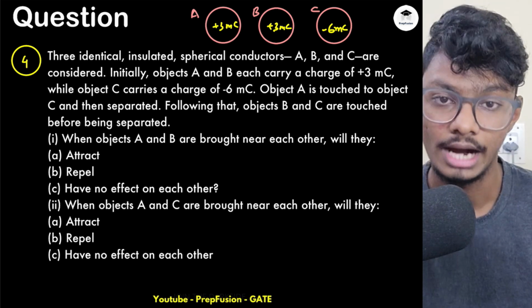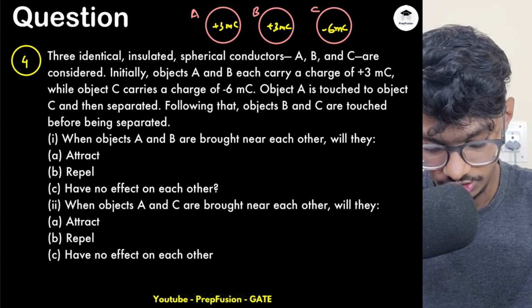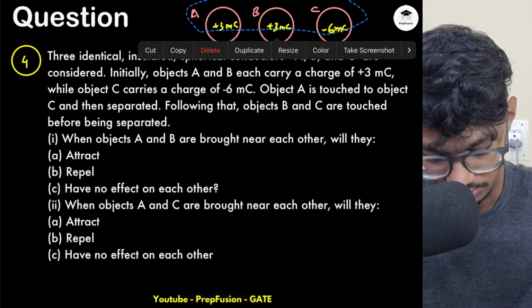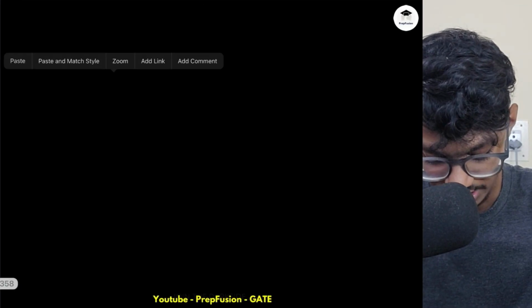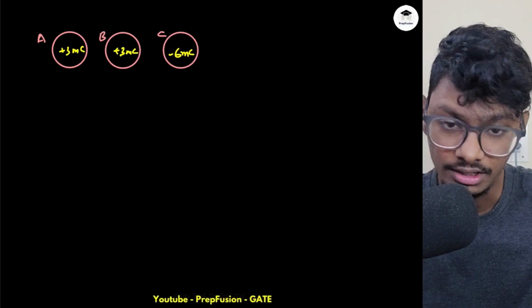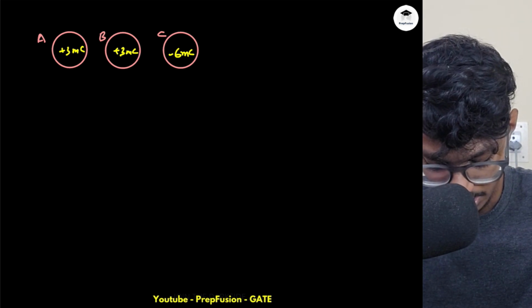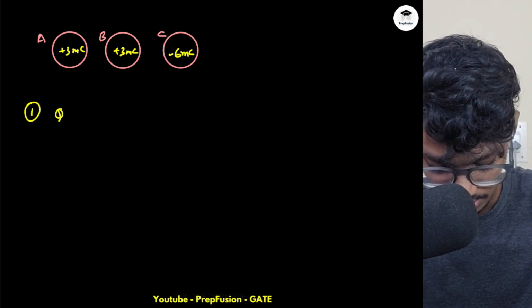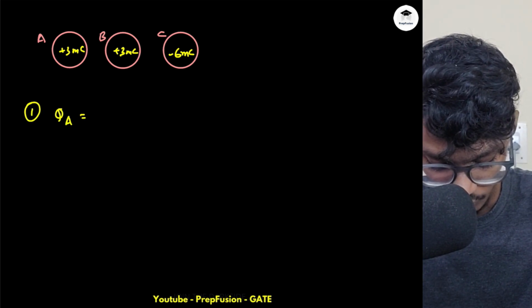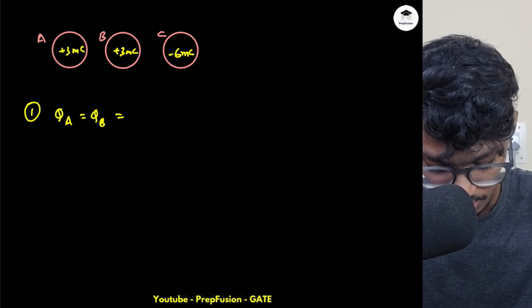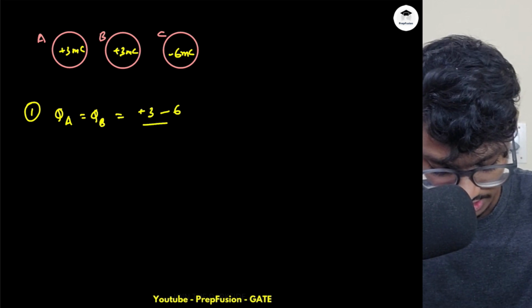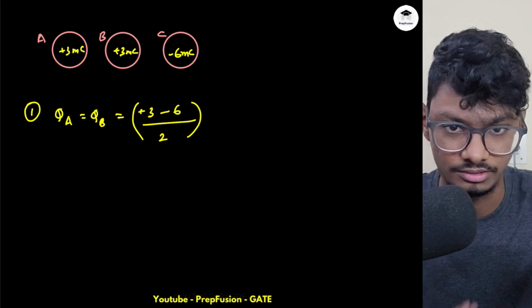First of all, I have to identify the final charges. I'll copy this whole thing. First, objects A and C are touched together. The charge in A will equal the charge in C, which is plus 3 minus 6 divided by 2, because they will share the charges.